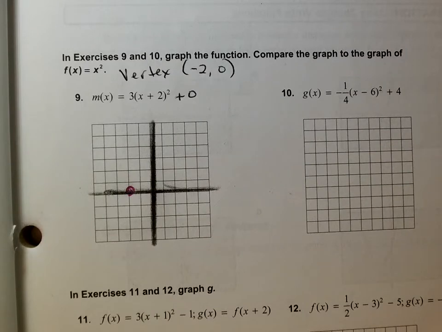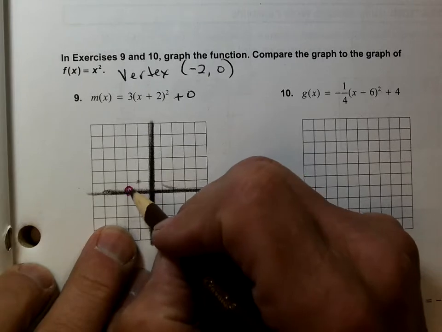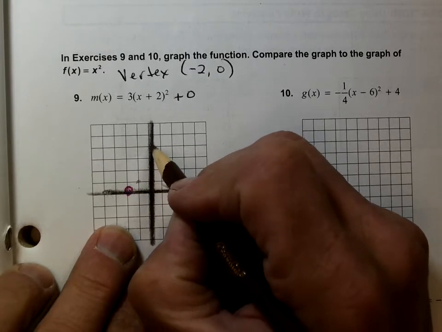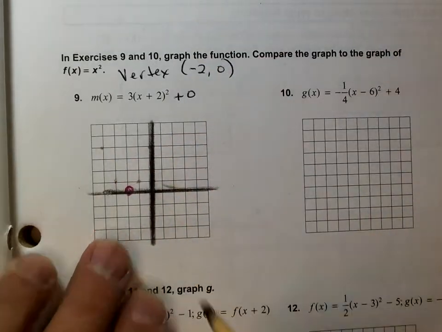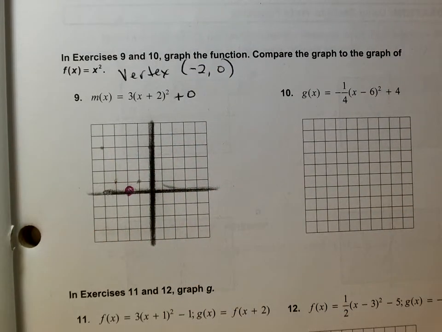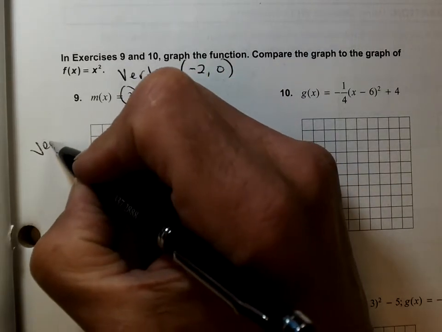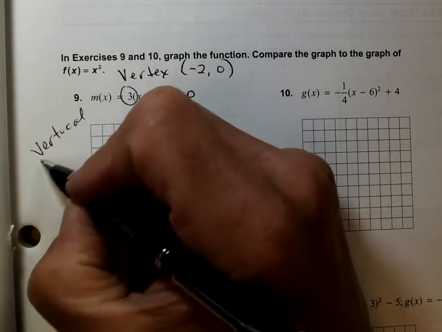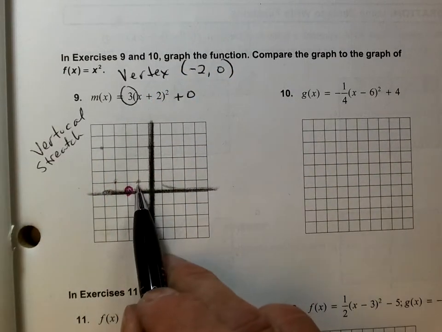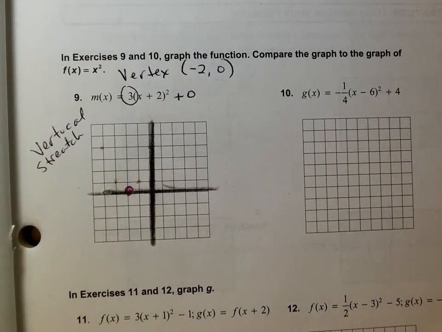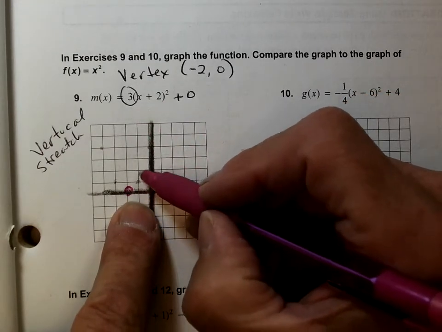But we're going to have to stretch this parabola. We're going to do a vertical stretch. So instead of 1, 1, I'm going to go 3 times as tall. So 1, 1, I'm going to go 1, 1, 2, 3.